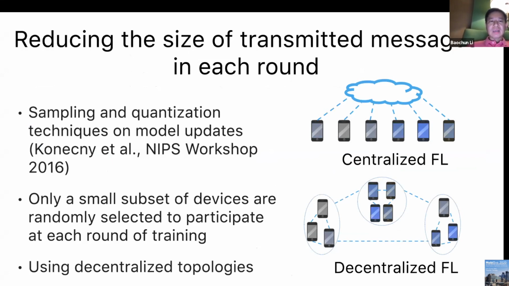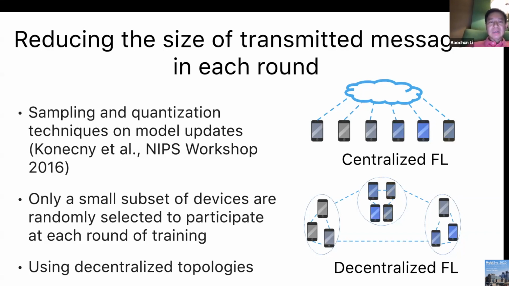We could also try to reduce the size of transmitted messages by having a decentralized organization of the topology in federated learning. And we could use our previously mentioned idea of randomly selecting only a subset of the devices. The smaller the subset, the less data that we're sending to the federated learning server in each round.